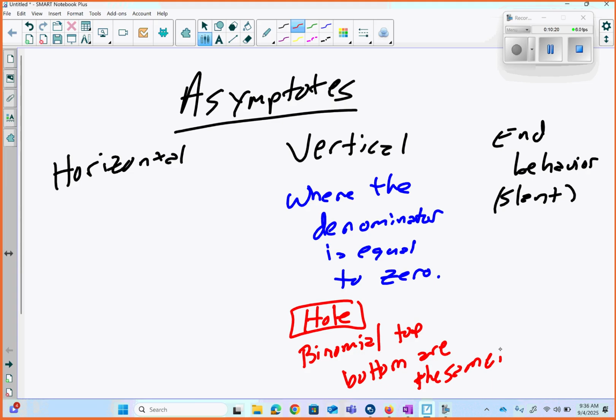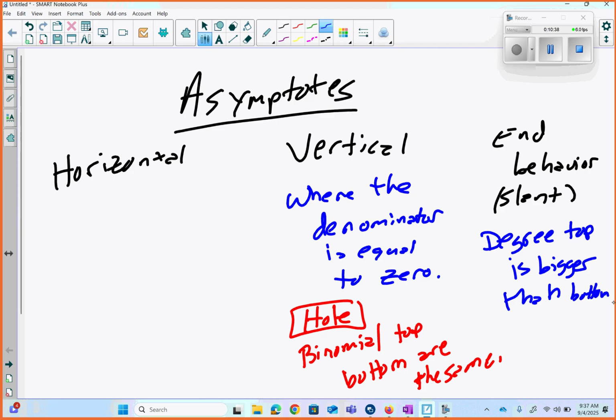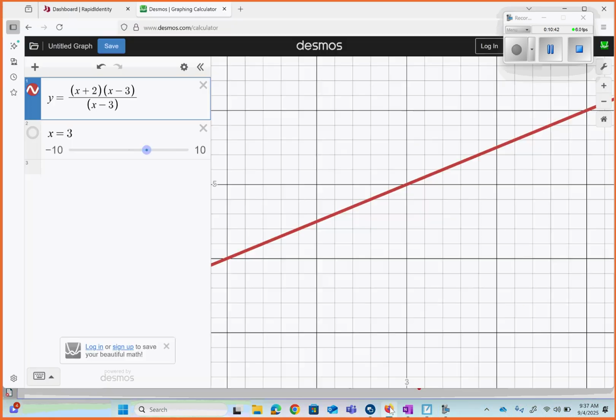The next one I want to talk about is the end behavior, and this is when the degree on top is bigger than the bottom. A slant asymptote is going to look something like this.